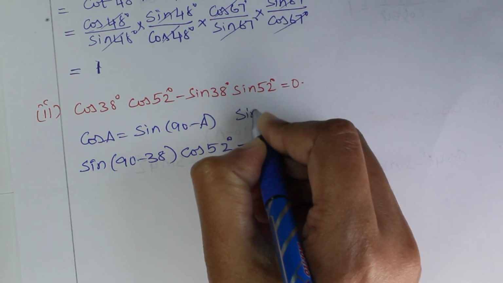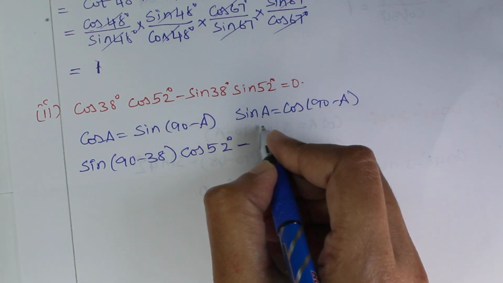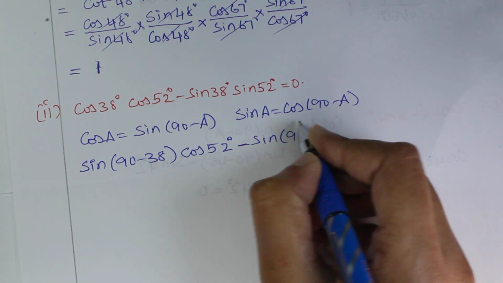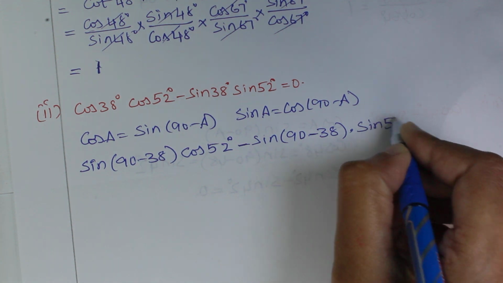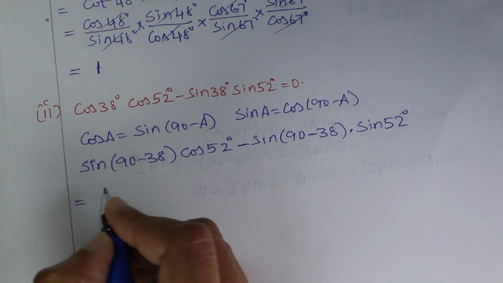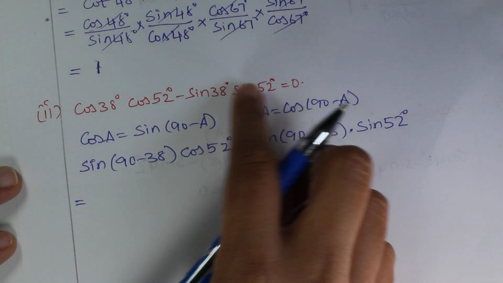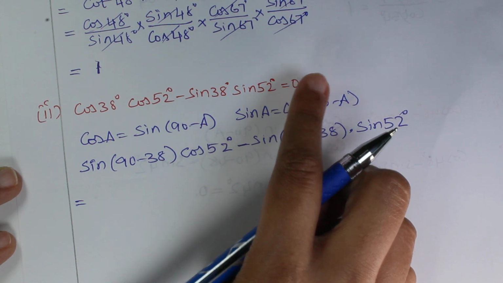That is sin A is equal to cos of 90 minus A. We are applying this rule, into sin of 52. So what did we do here? We have converted these terms into sin and cos so that we are able to calculate the sum easily.